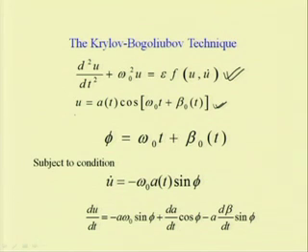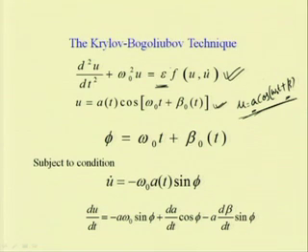But when you are considering terms other than 0 for this epsilon, that means, epsilon is assumed to be small, one can assume the solution to be the same as that of when epsilon equal to 0, but here a and beta are functions of time. So, here we are assuming a and beta are slowly varying functions of time.